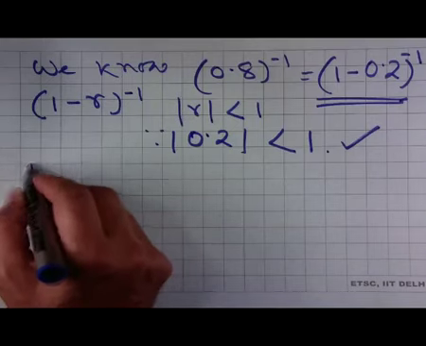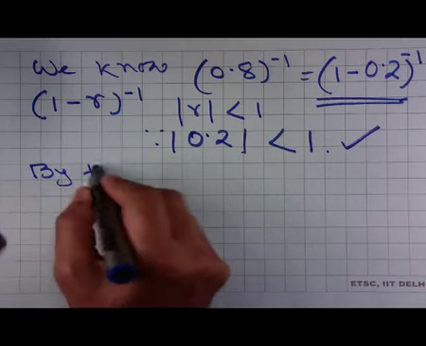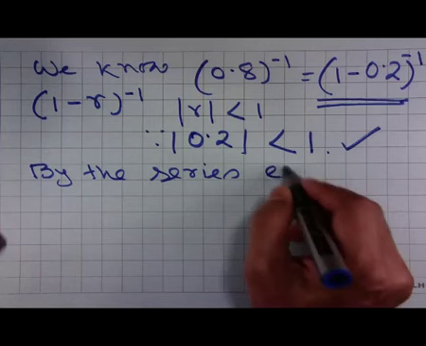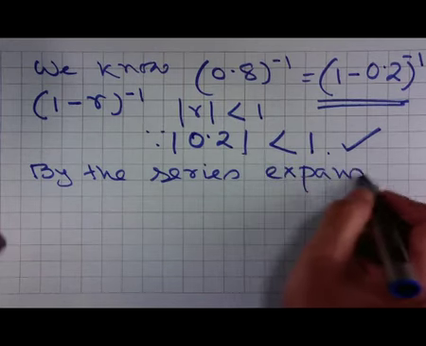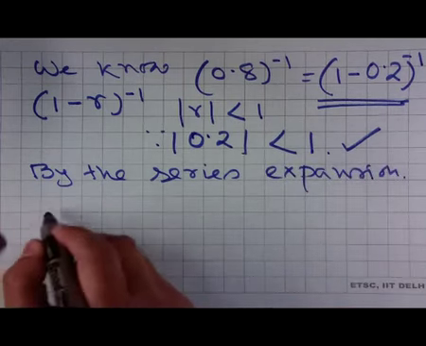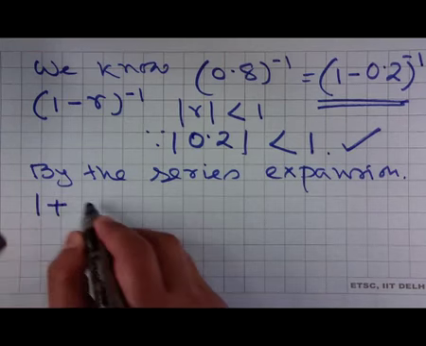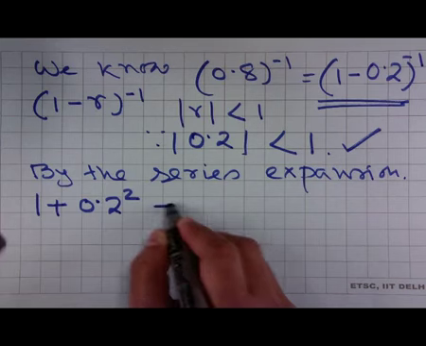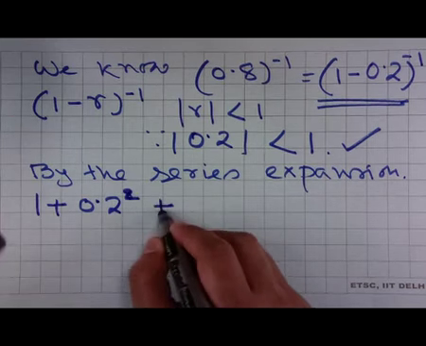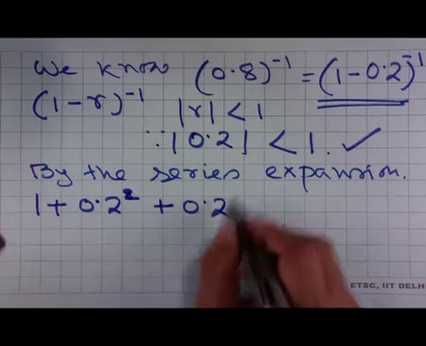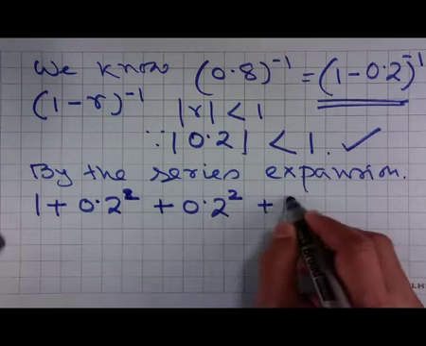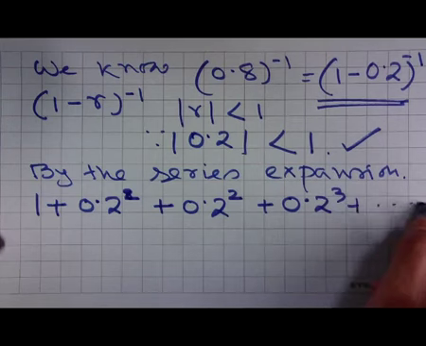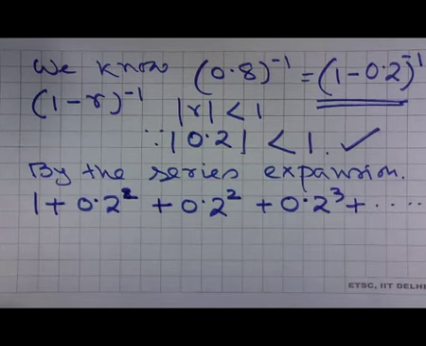Therefore, by the series expansion, this is 1 plus 0.2 plus 0.2 square plus 0.2 cube plus this infinite sum.